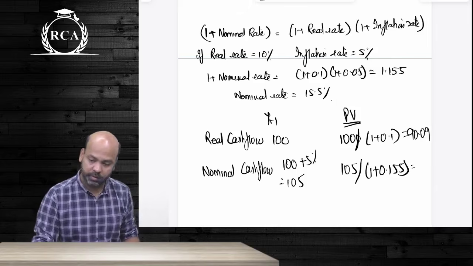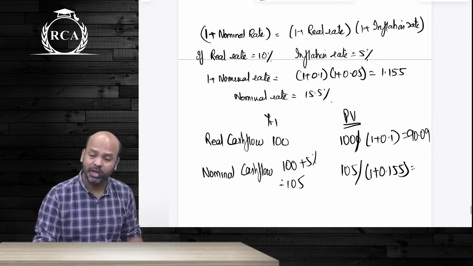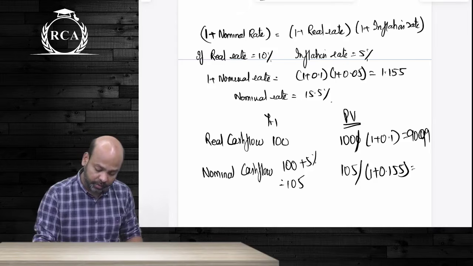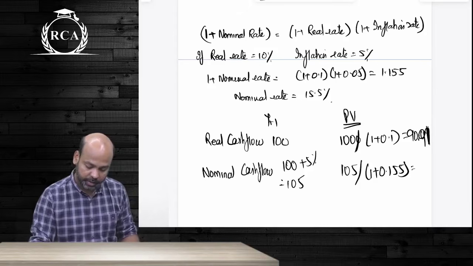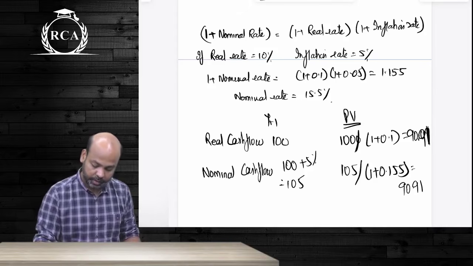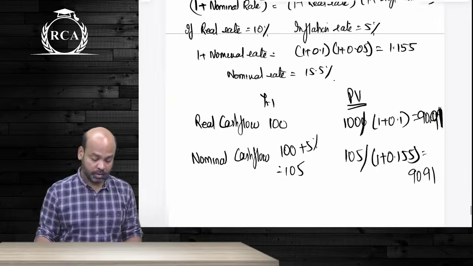Can you compute the present value, guys? 90.91. 90.91, guys. Why this example?